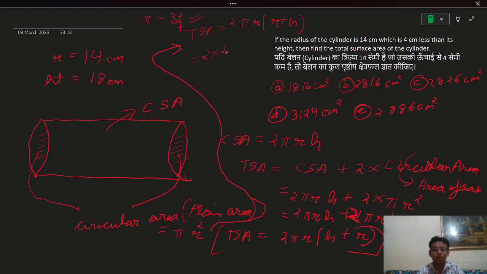So 2 into 22 by 7 into 14 into 14 plus 18, which will become 32. 7 twice, 2 to the 4, 128 into 22, multiply, what do we get? 2560 and 256. Okay, 2816. What will be the answer? 2816 centimeter square.